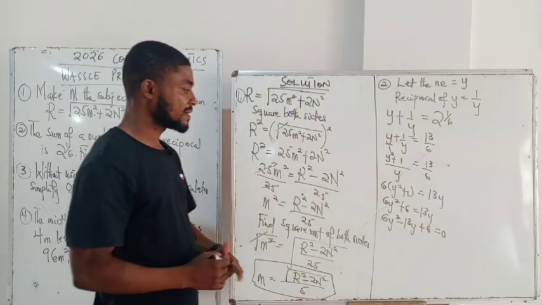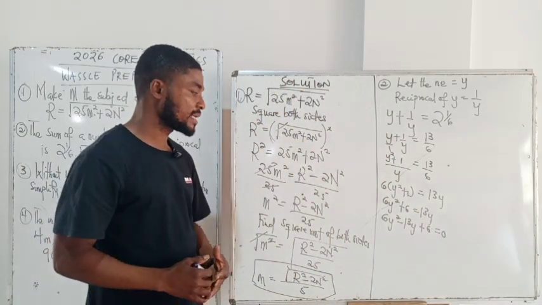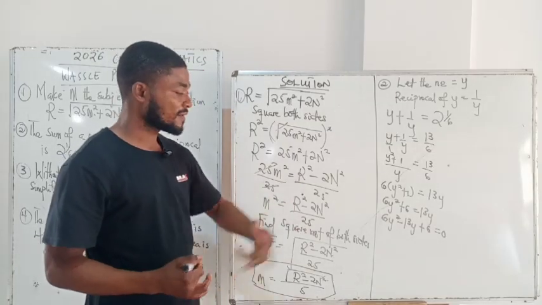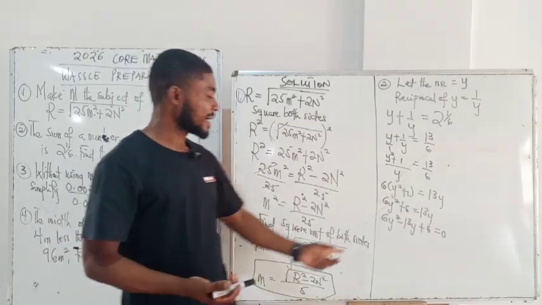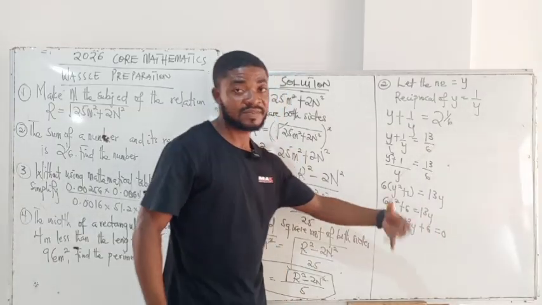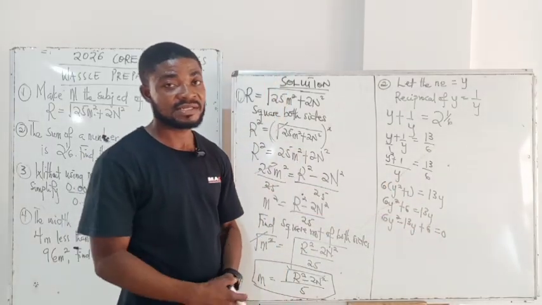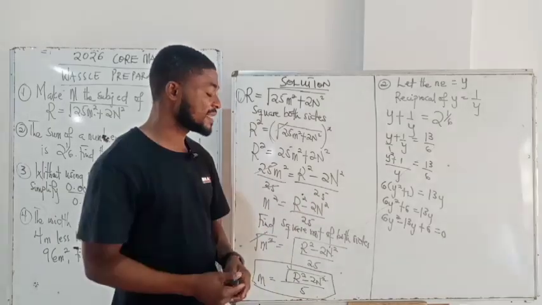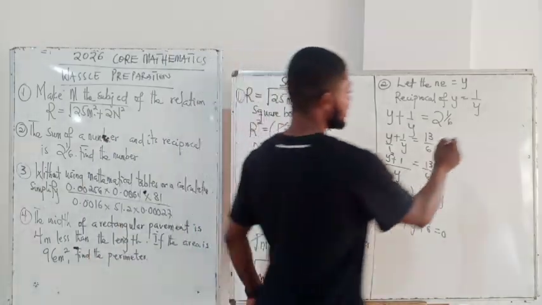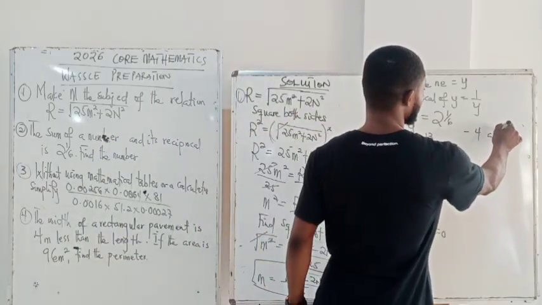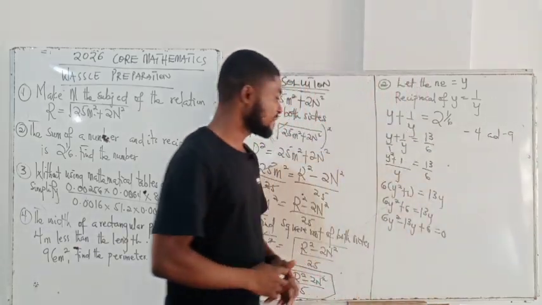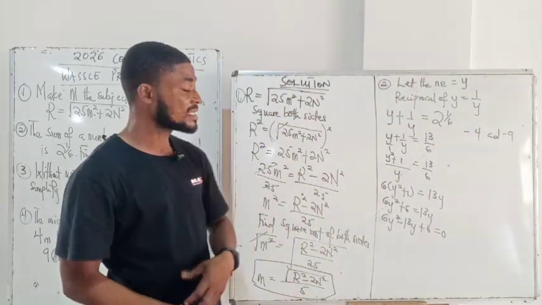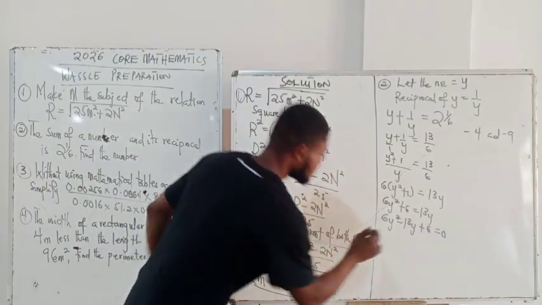So when I group like terms, I'm going to get 6y squared minus 13y plus 6 is equal to 0. So I've got factorization now. I multiply 6 by 6. That gives me 36. Factors of 36 such that when I multiply, I get 36, but when I add, I get negative 13. I can see negative 4 and then negative 9. Negative 4 times negative 9, positive 36. Negative 4 plus negative 9, that will be negative 13.